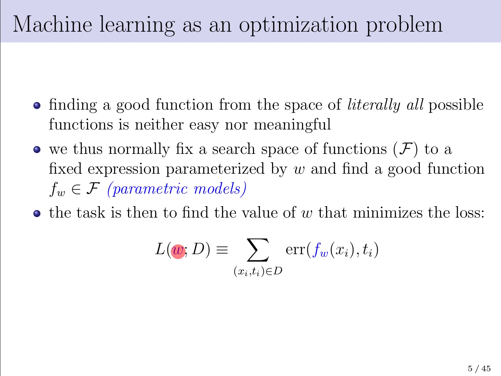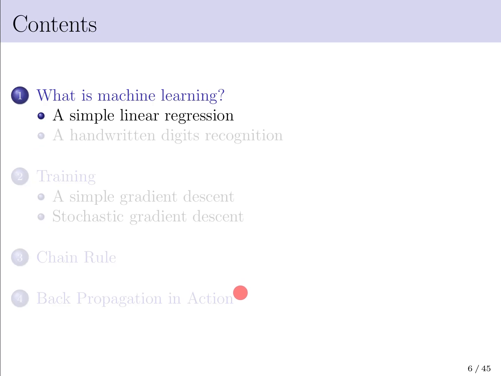It is just a set of parameters. You fix the parameters, build a function, and compute the loss. So the goal is to find the value of parameters, the weights, that minimize this loss.